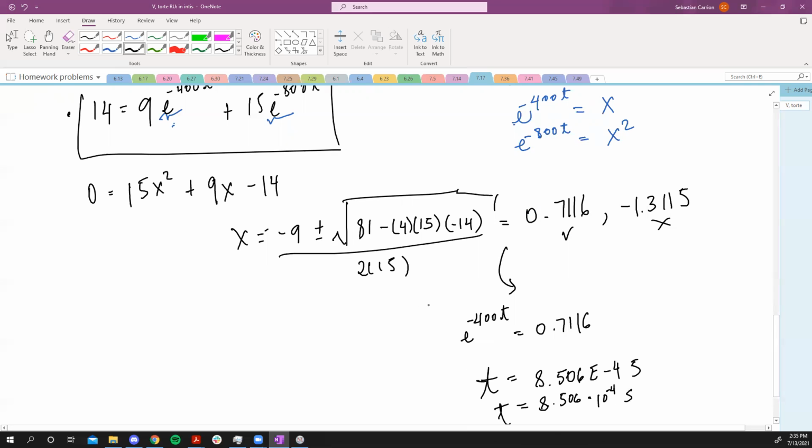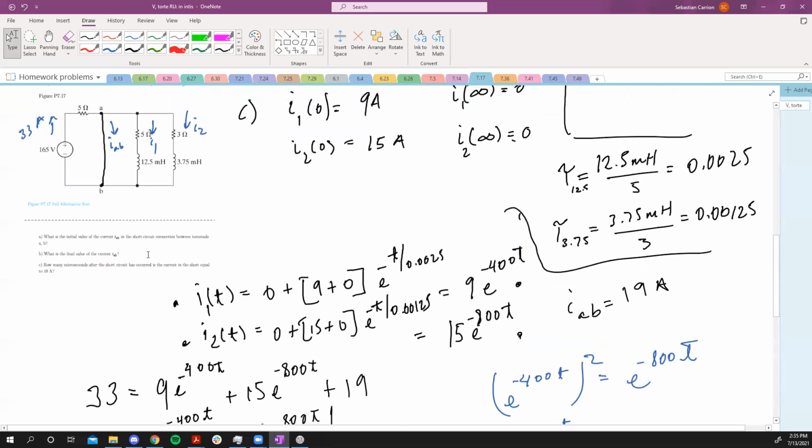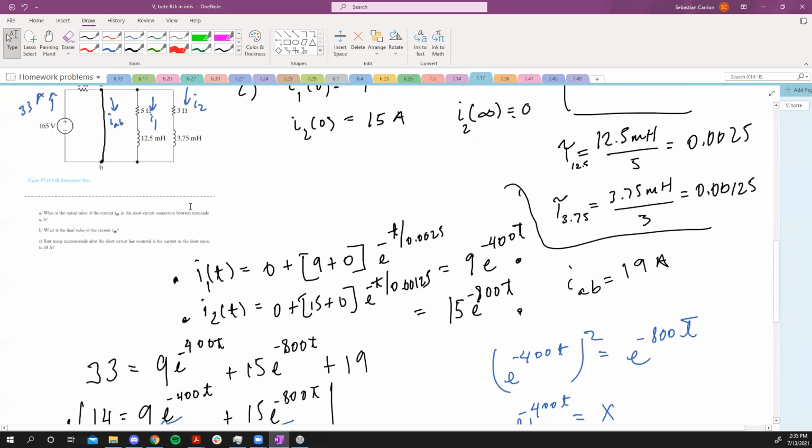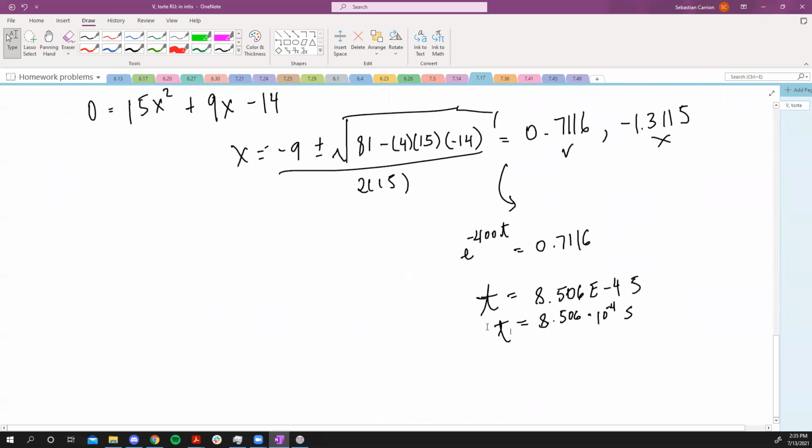So it takes very little time for the short circuit current to equal 19 amps. And yeah, this is the answer for 7.17.